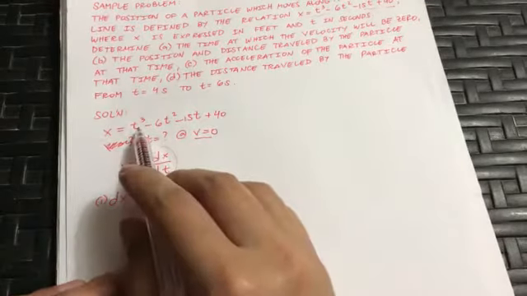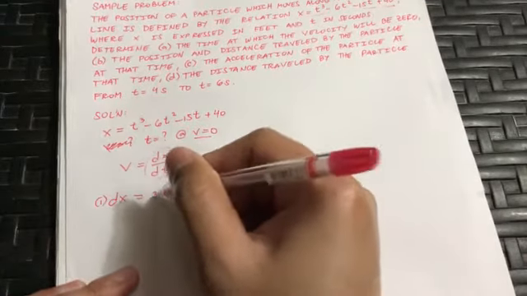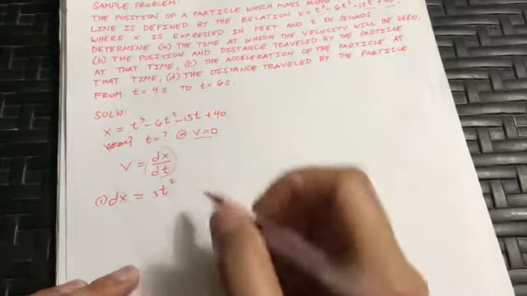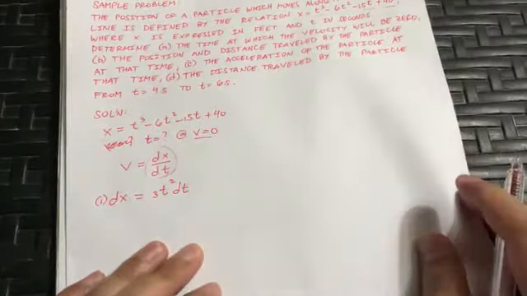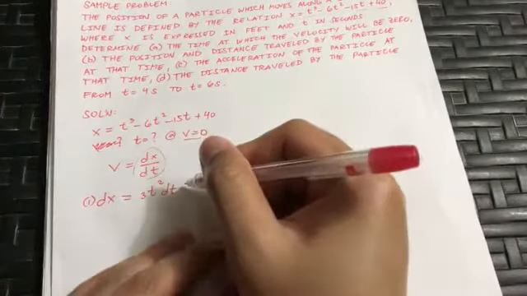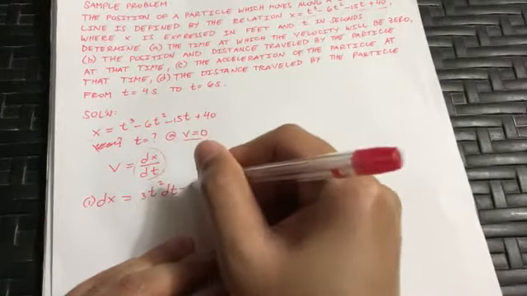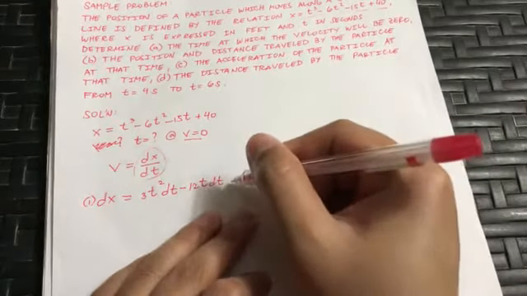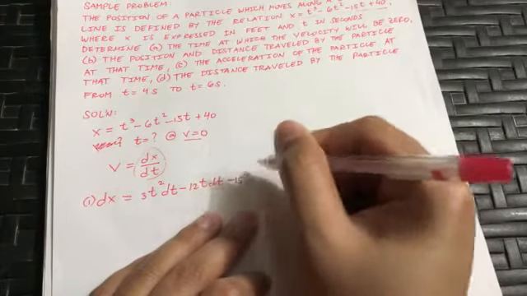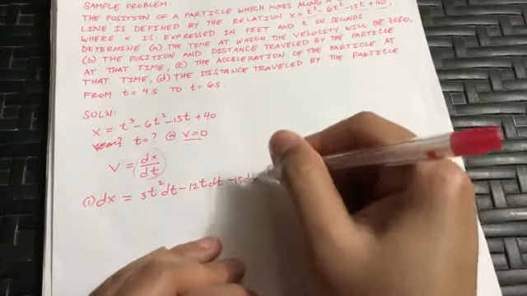The first derivative of t cubed is 3t squared dt. Next, 6t squared becomes 12t dt. Then minus 15 dt.